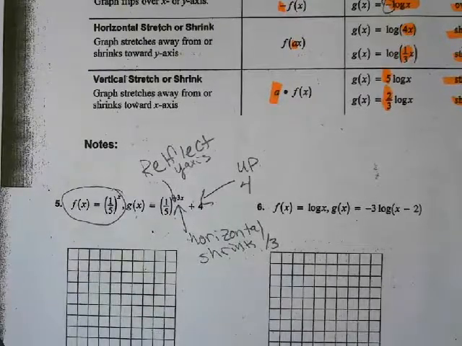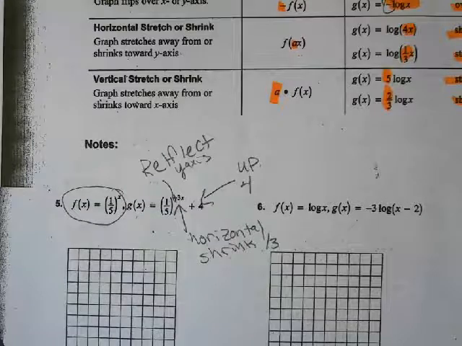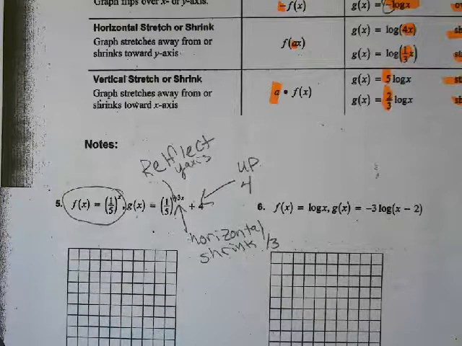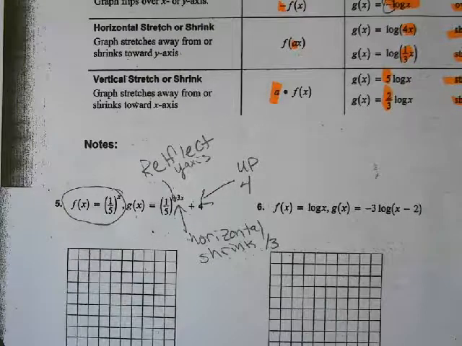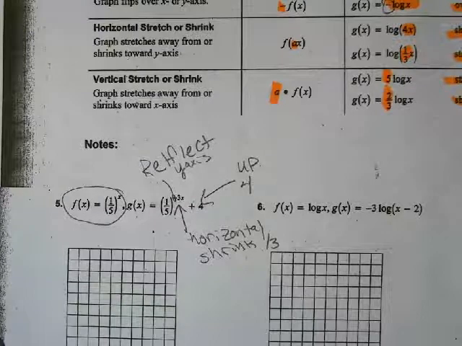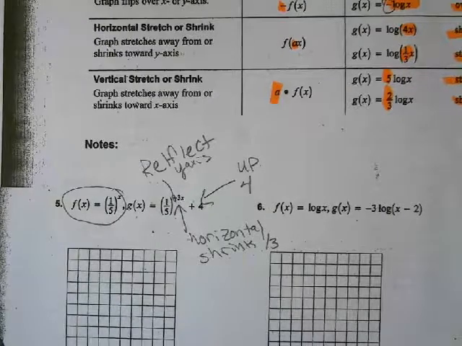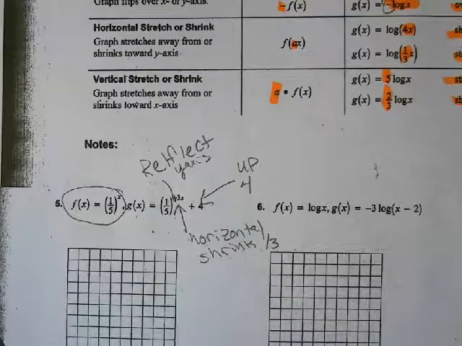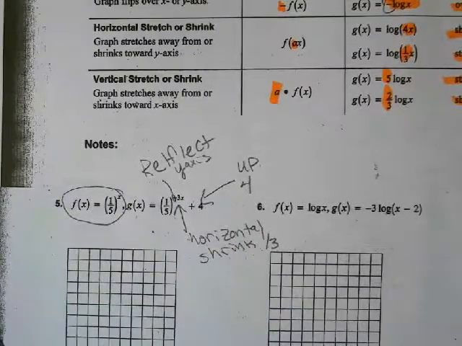Raised to the x. So there's our parent function. And then we have translations to it. We have negative 3x, right? And then we add 4 to it.